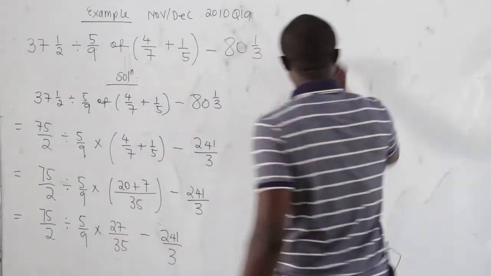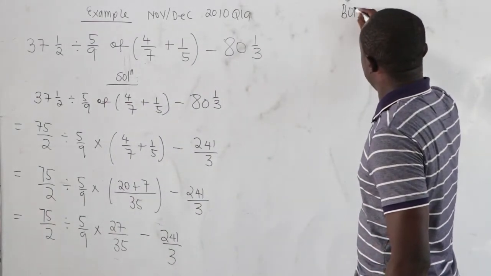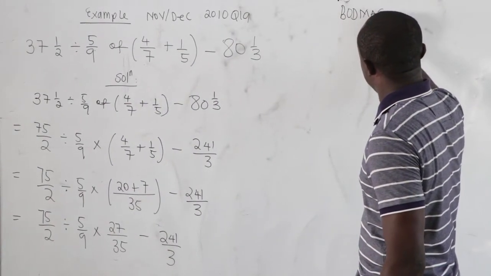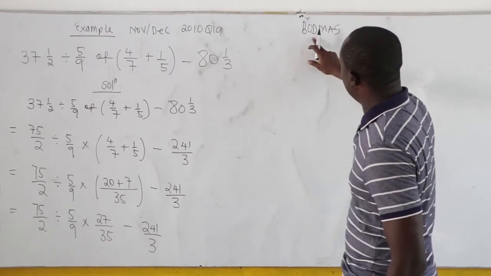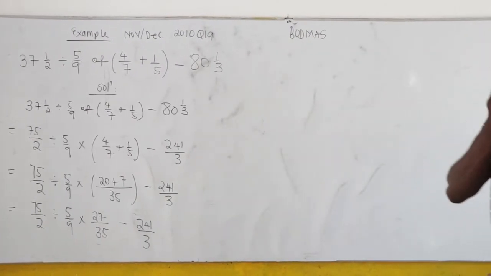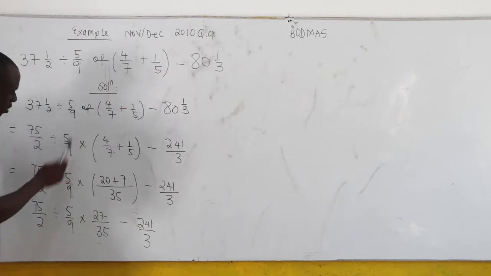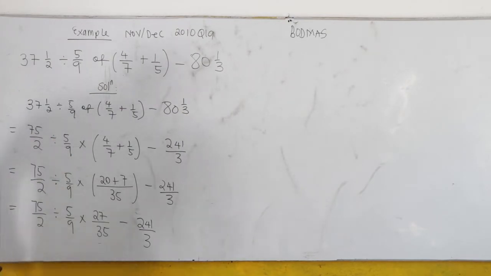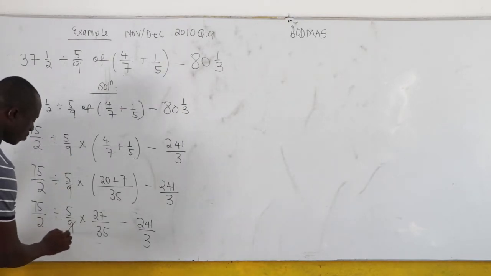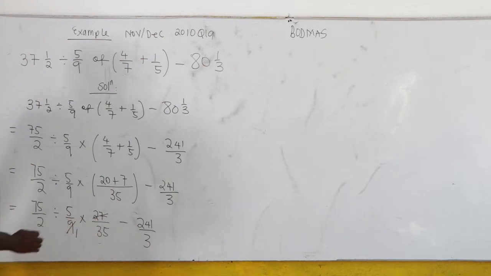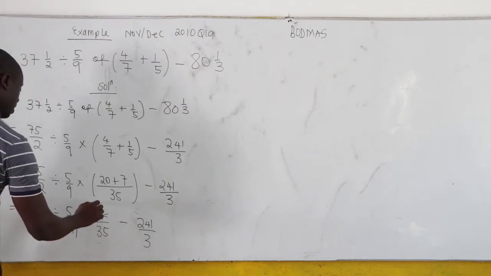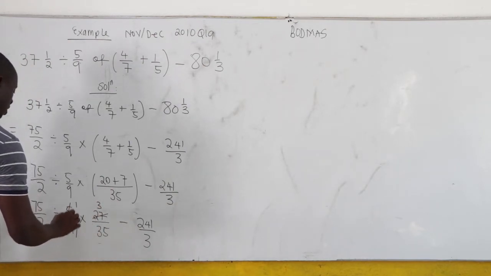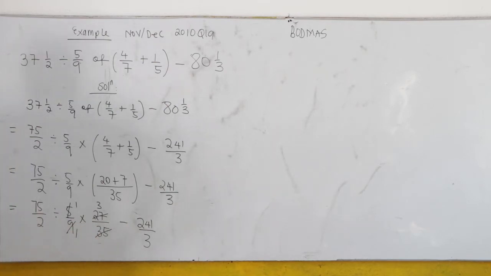Now let's see. We shouldn't forget BODMAS: bracket, of, division, multiplication, addition, and then subtraction. We have to work on the of. The of is the multiplication. Now let's see. 9 will go into itself 1, 9 will go into 27, that is 3 times. 5 will go into itself 1, 5 will go into 35, that is 7 times.